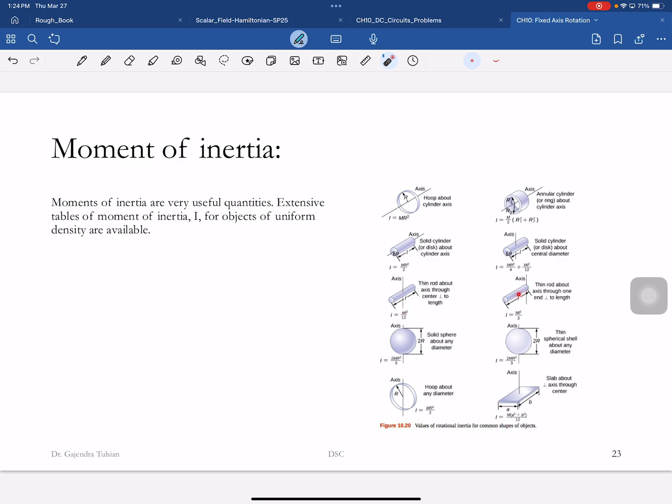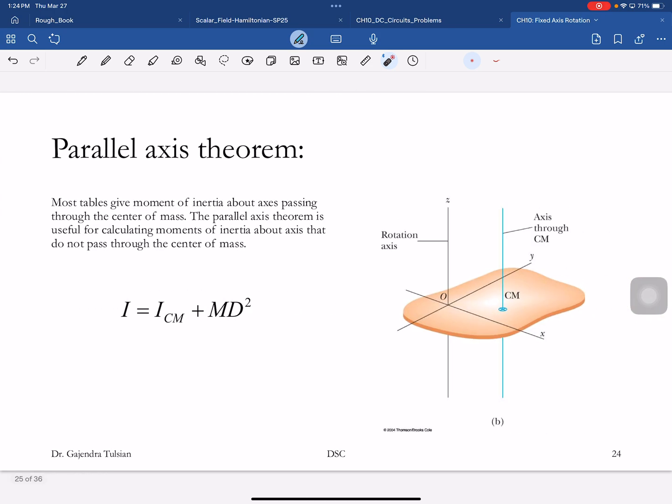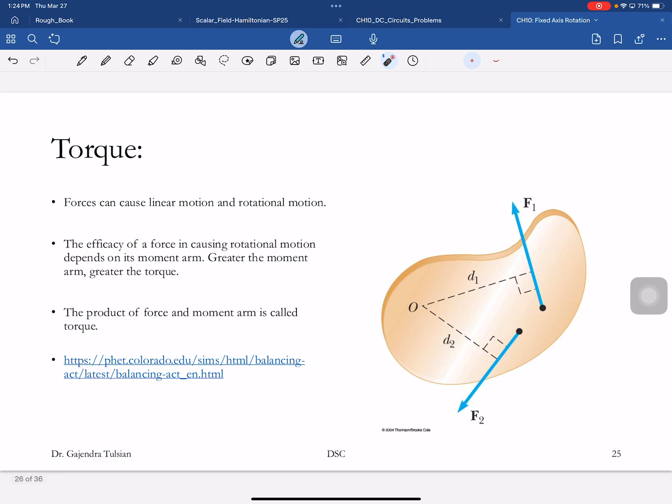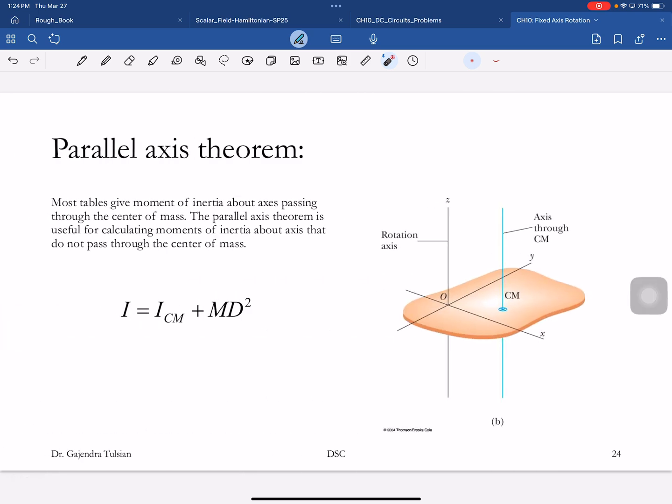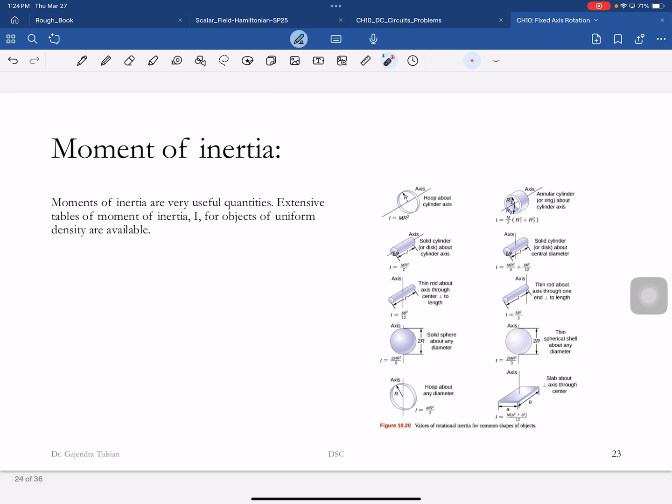So this moment of inertia is 4 times greater than that moment of inertia. All right. Now, notice most of these moments of inertia are given through an axis passing through the center of mass, except for this one. All these moments of inertia are given for an axis passing through the center of mass.